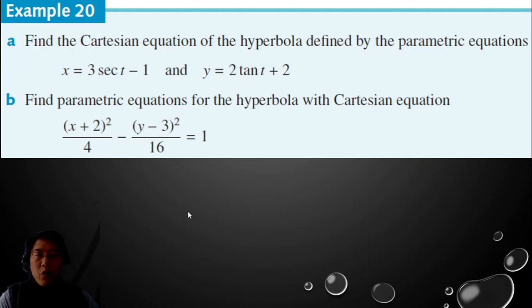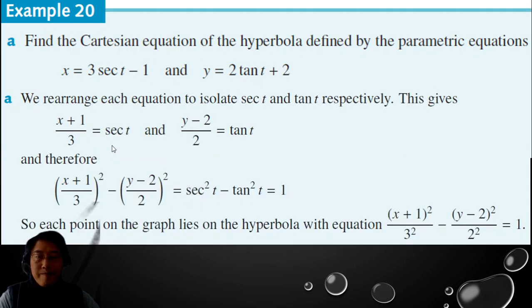So what we do for part A is we make sec and tangent the subject, and the difference of those squares is equal to 1. So we substitute the expressions with a minus, that equals 1, and that is the familiar form of the equation of a hyperbola.